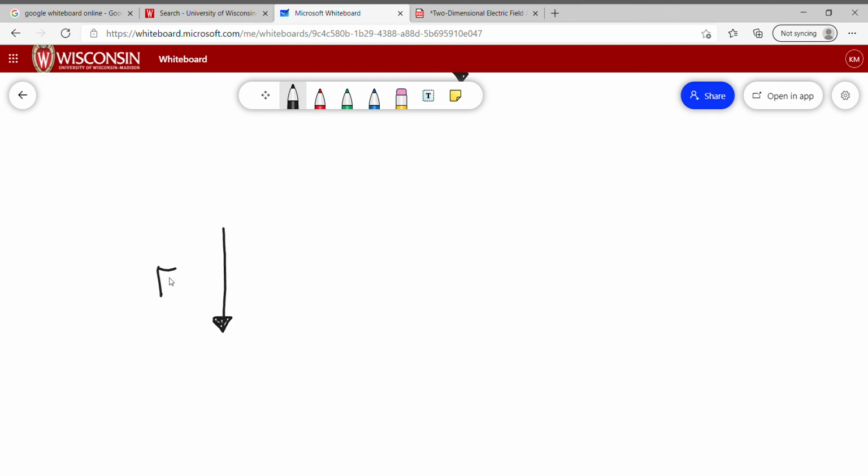And E2 is pointing in this direction, 45 degree away from the y-axis. So this is E2.